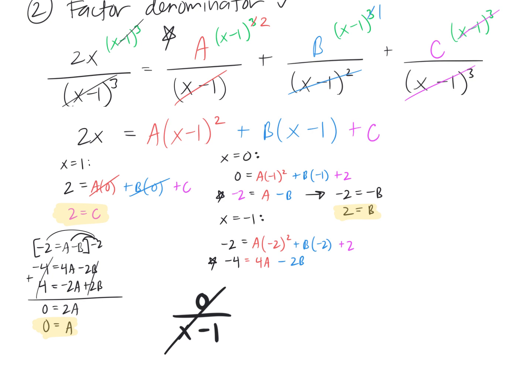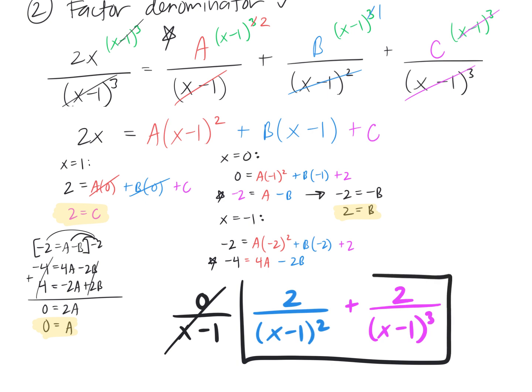So then I have plus B. B is 2. So I've got 2 on top divided by x minus 1 squared. And then C is 2, so I've got plus 2 divided by x minus 1 cubed. So this right there is your final answer.